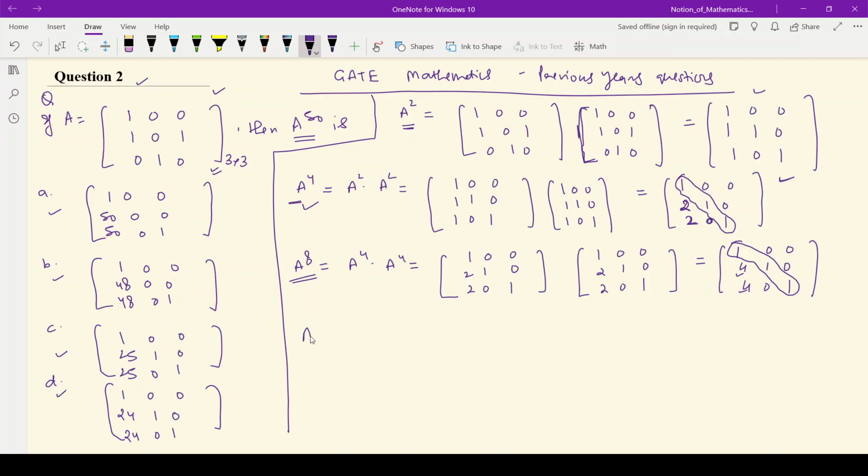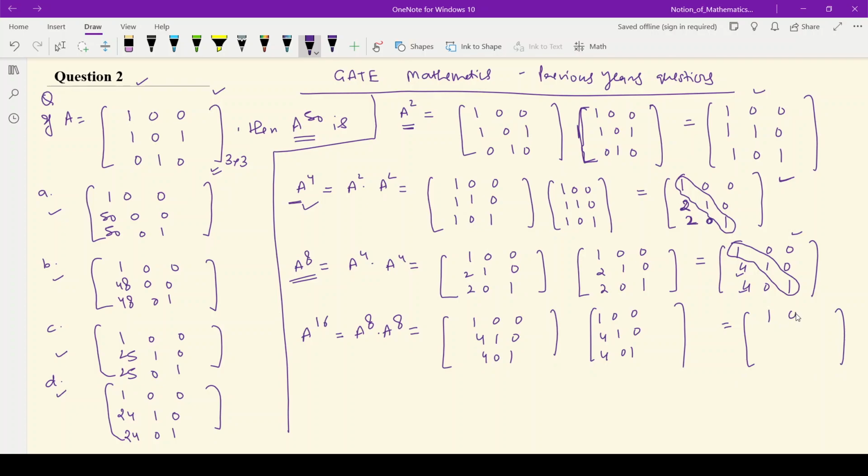Otherwise, the other option is to evaluate A to the power 16. A to the power 16 will be A to the power 8 into A to the power 8. So if I multiply this matrix 2 times, 1 0 0, 4 1 0, 4 0 1, with the same matrix, we will get 1 0 0, 8 1 0, and 8 0 1.